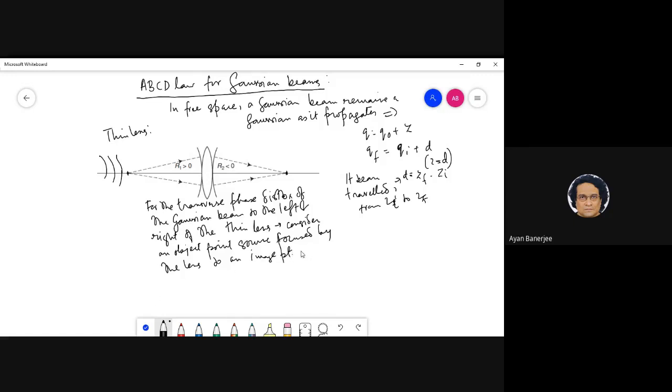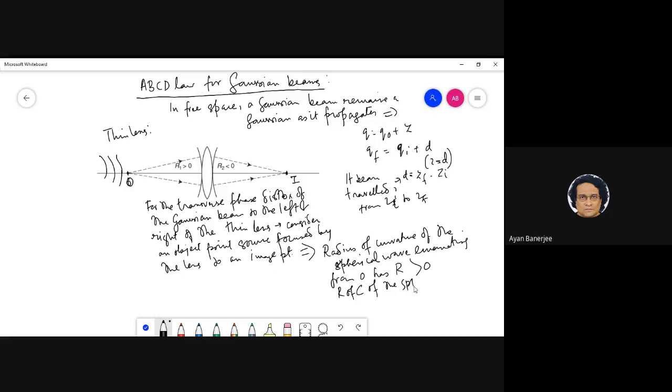Okay, so that means the radius of curvature of the spherical wave emanating from, if I say this is O, and this is I, from O has R greater than 0, R of C of the spherical wave from I has R less than 0.